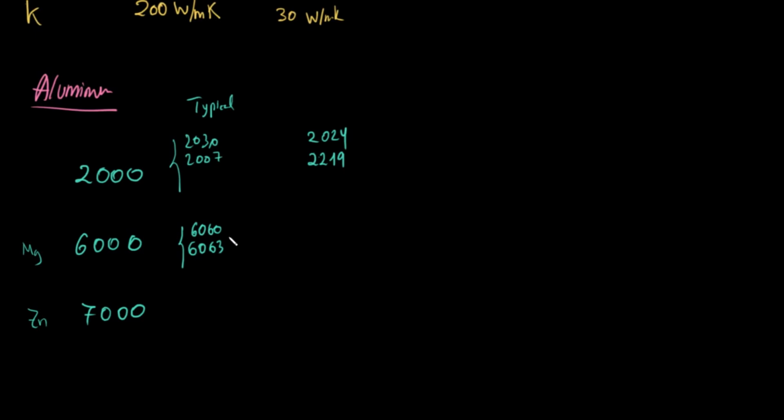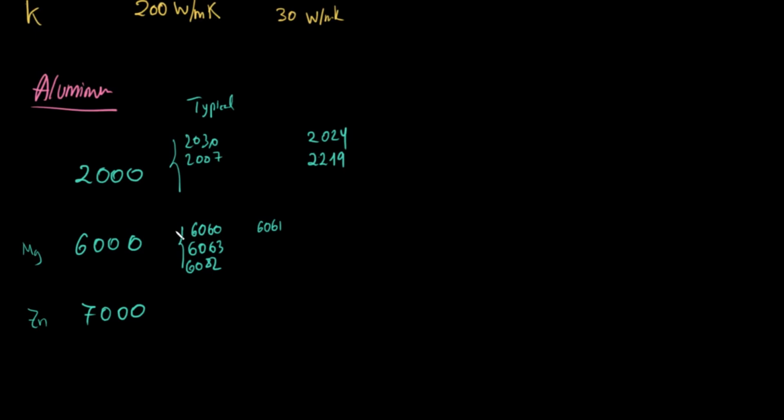These are standard alloys for tubes and rods. Maybe 6082. And then 6061, I see it everywhere, considered an aerospace alloy, but it just has properties slightly better than the standard alloys.